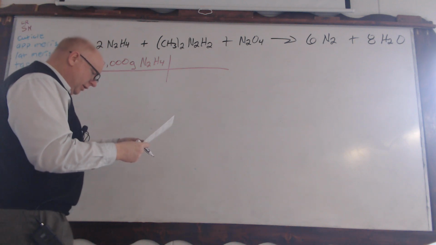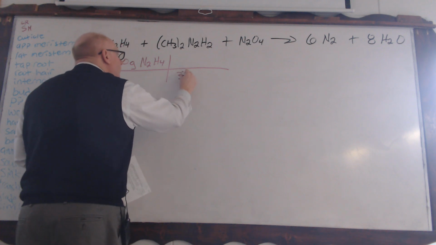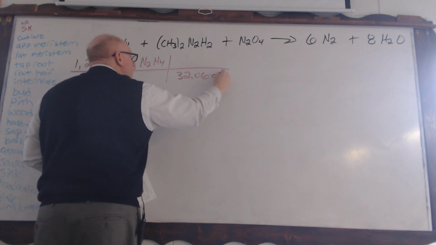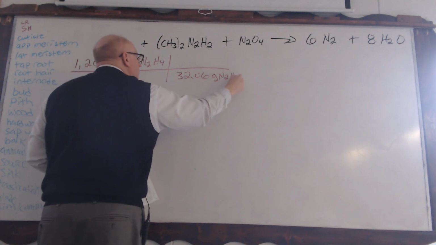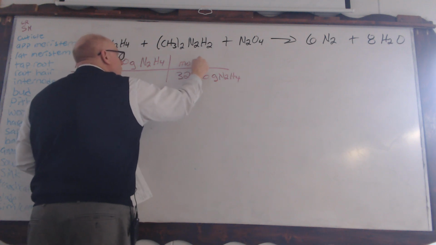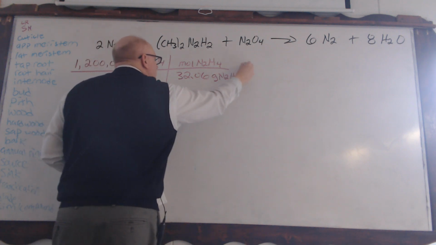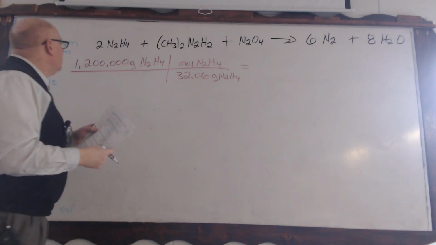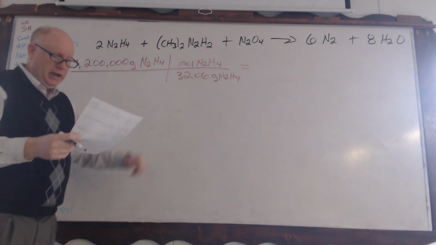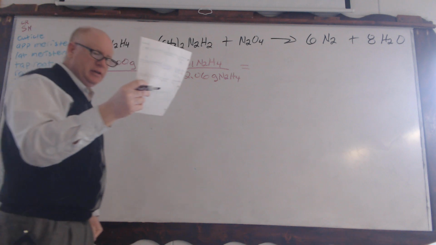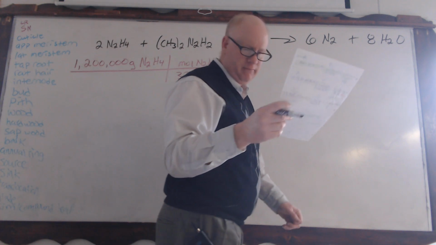Okay, so 32.06 grams of N2H4 gives you a mole of N2H4. Okay, so upon doing that, you divide this 1,200,000 by 32, and you get approximately 37,499, 494.